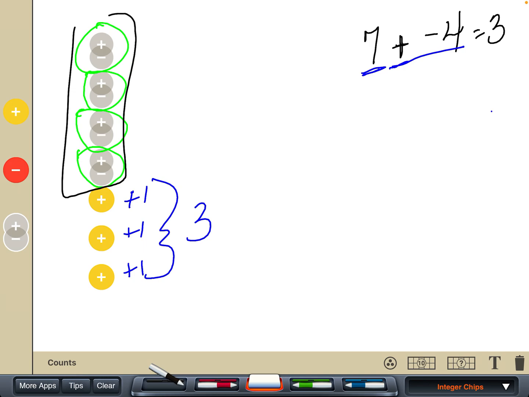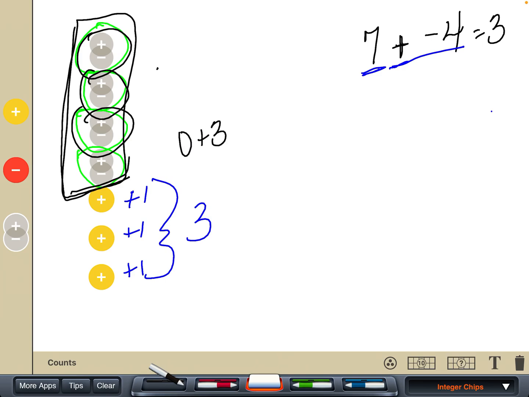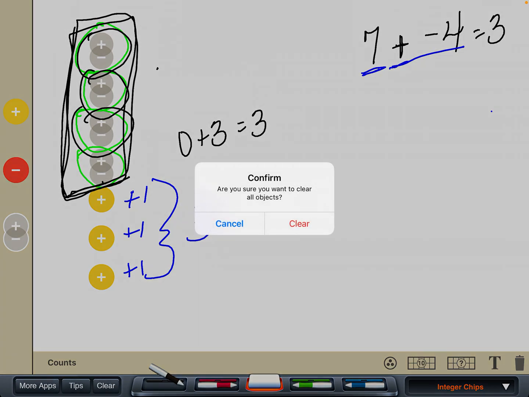Because these positives and negatives got together and became 0 pairs, right? So that ends up being 0 plus 3 because all these are 0, right? All those are 0, so 0 plus 3 is 3. That's pretty crazy, right? All right, let me clear this board.